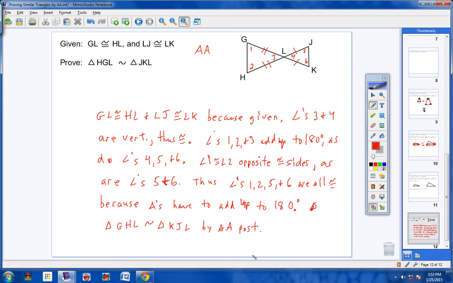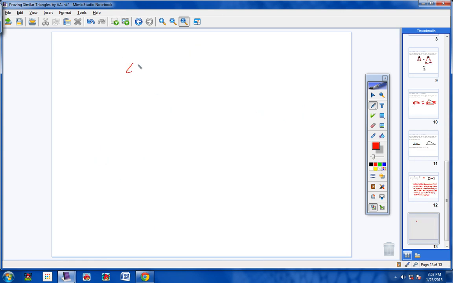We did look at paragraph proofs months and months ago, okay? And so I thought I would throw another one at you. To do this 2-column, you would have had to do something like this. Angle 1 plus 2 plus 3, I'm going to be really sloppy, equals 180. Angles 4 plus 5 plus 6 equals 180.